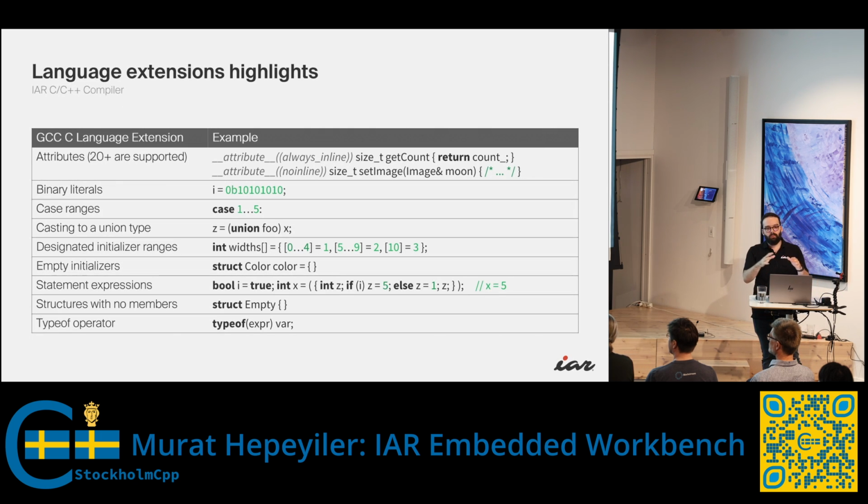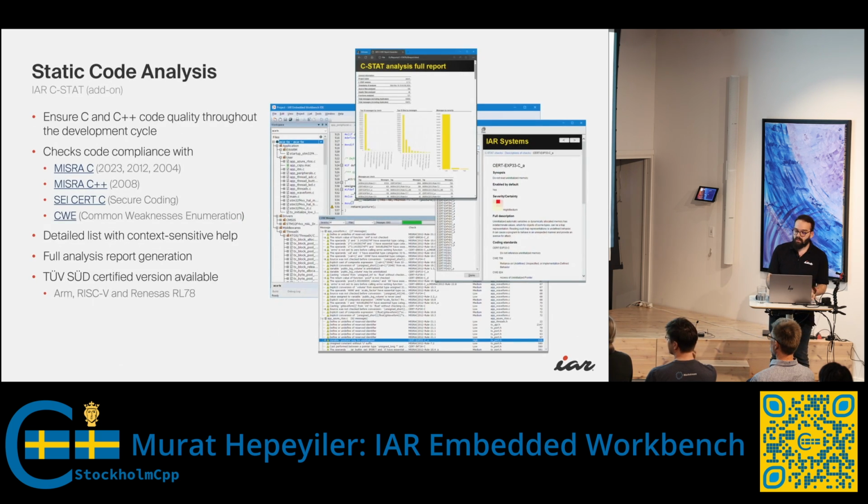Okay, you develop your product and compile your code, but you want to comply with some coding standards, like MISRA C and MISRA C++, and you want to be sure your code complies with them. C-STAT helps with that, and it ensures that your C or C++ code quality is good during your development process.